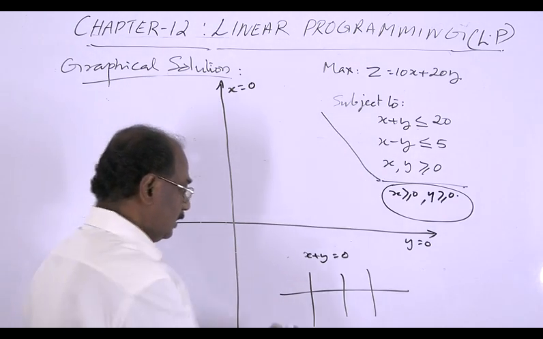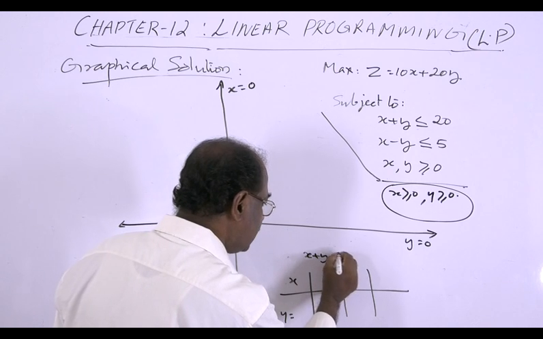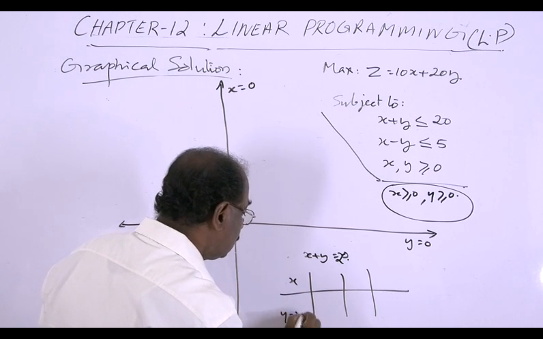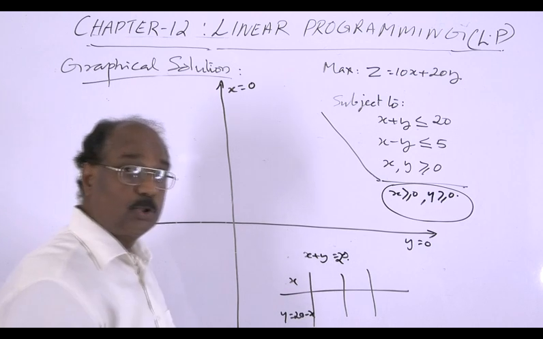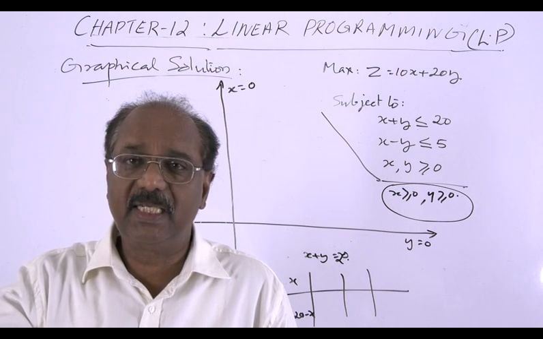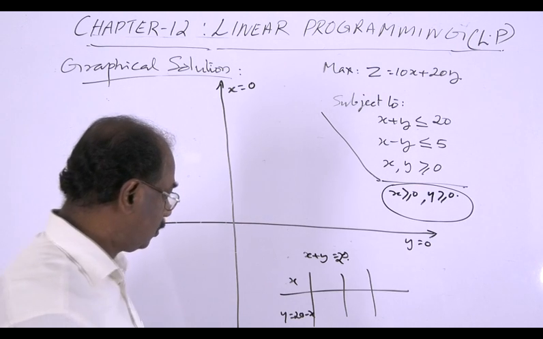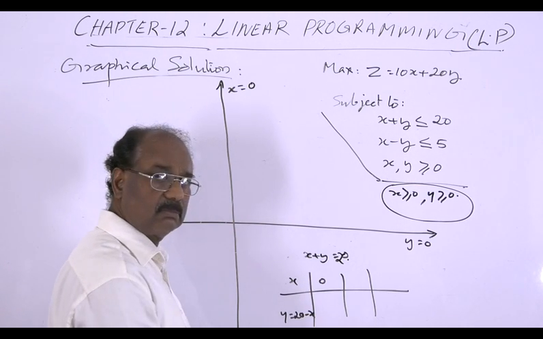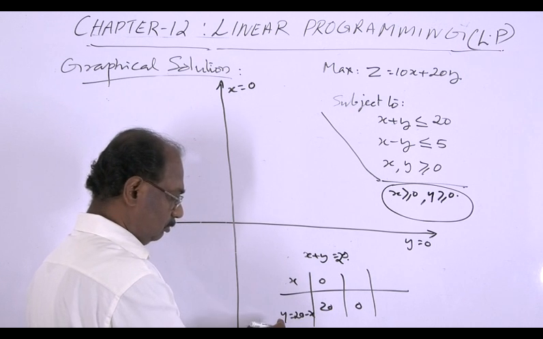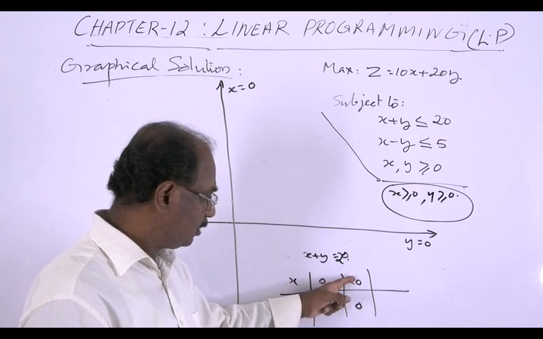Here x plus y equal to 20, so y is equal to 20 minus x. The easier way of finding two points is to find the points on the axes where the line meets them. Suppose we take x equal to 0, then y equal to 20, and then take y equal to 0, then x equal to 20. So we have two points, 0, 20 and 20, 0.